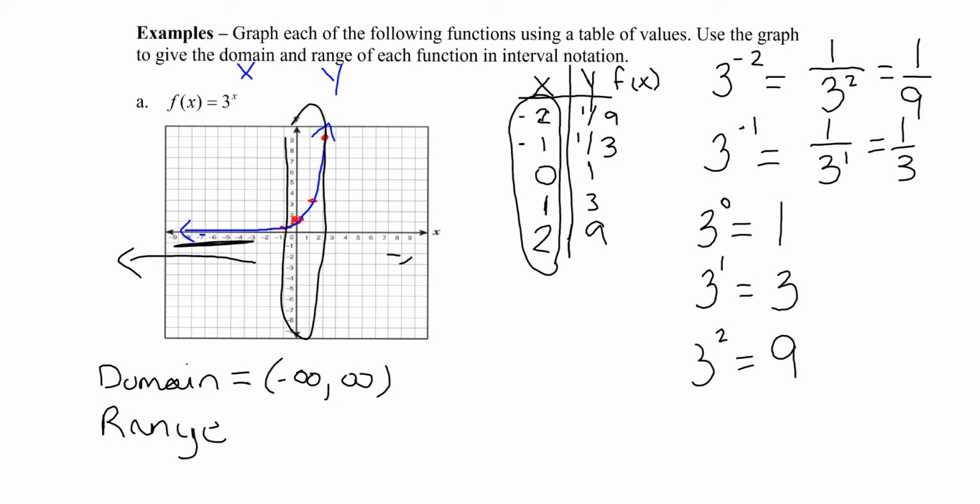There we go. All right, so my range is anything above 0. So when we write it in interval notation, we'll put parentheses 0, and the parentheses are because it doesn't include 0, but it can start right after 0, and 0 to positive infinity, because the graph will go up infinitely. So that's our first one.